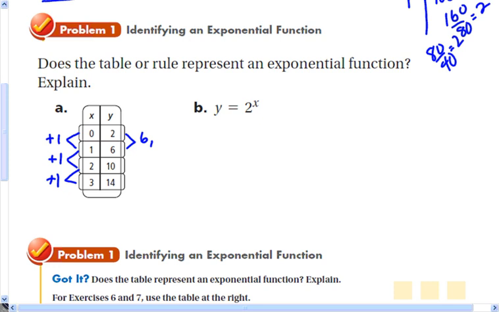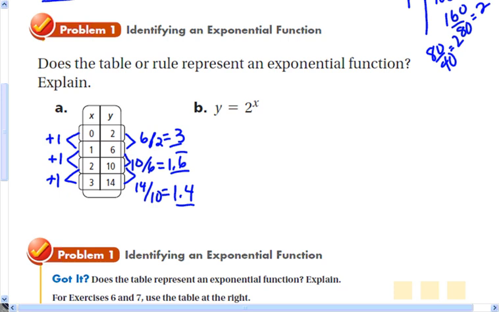So we're going to do 6 divided by 2, and that's 3. 10 divided by 6, that's 1.6 repeating, and 14 divided by 10 is 1.4. Then look at those values. If they're the same, it's exponential. If they're not, it's not exponential.